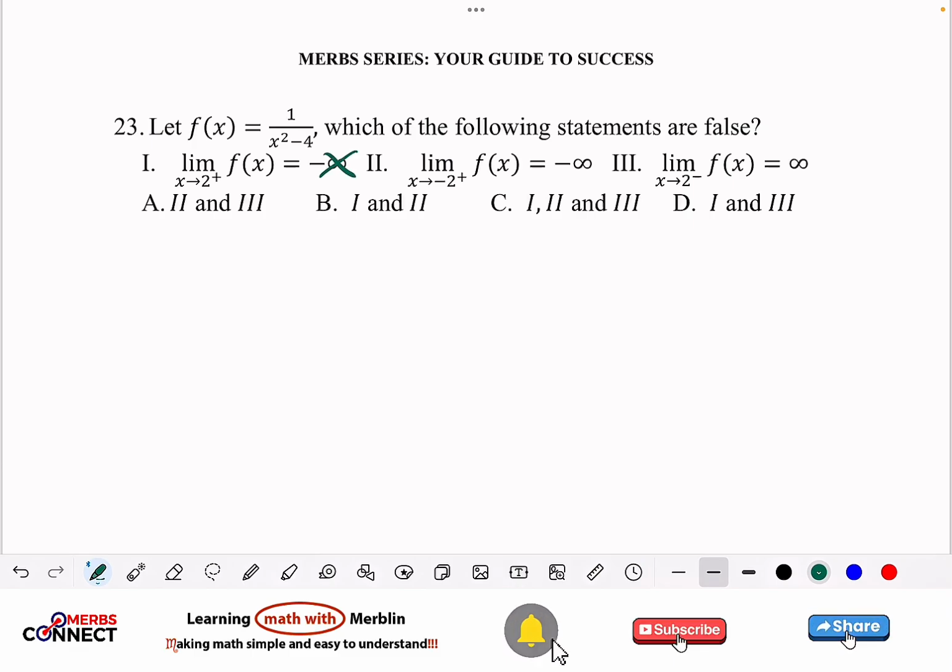When I'm approaching from the negative side of minus 2, plug in anything, so I can plug in minus 1. When I plug in minus 1, yeah. When I plug in 0, when I plug in 2, okay, I can plug in 2, but we are going to the positive side of negative 2.